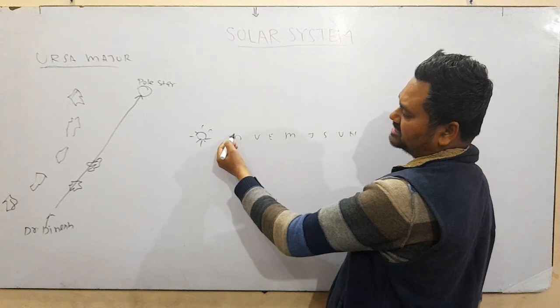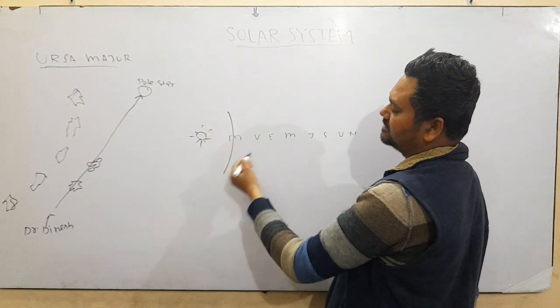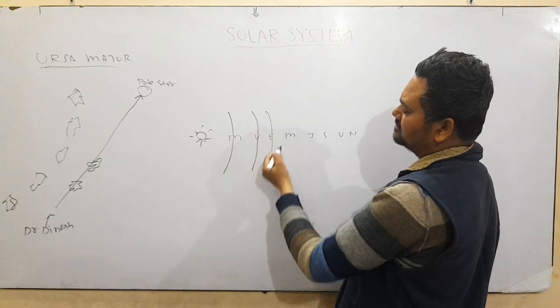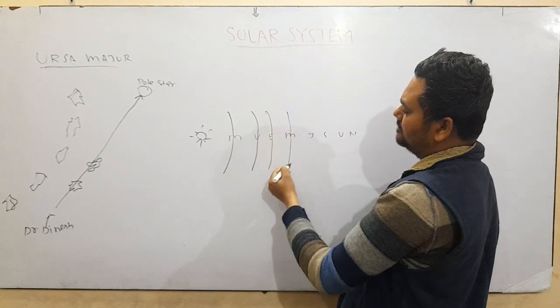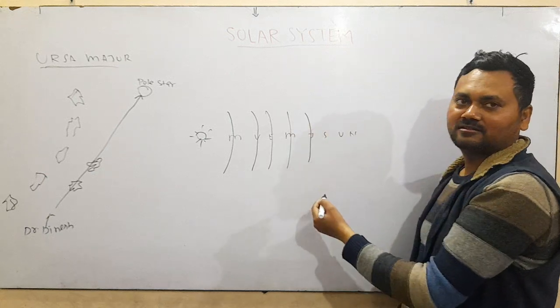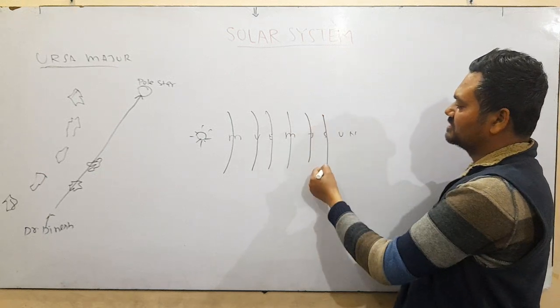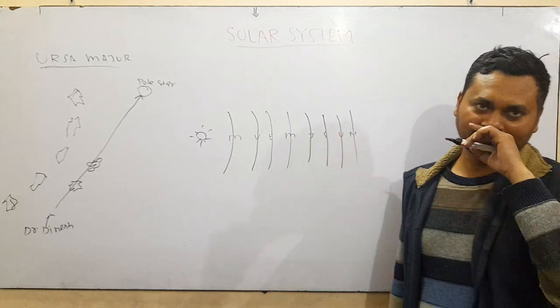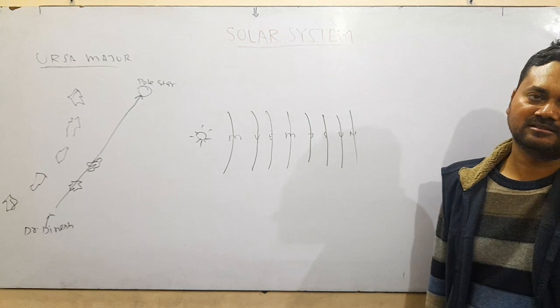So this M stands for Mercury, V stands for Venus, E for Earth, M for Mars, Jupiter, the biggest one, Saturn, Uranus, Neptune. Pluto is no more here.